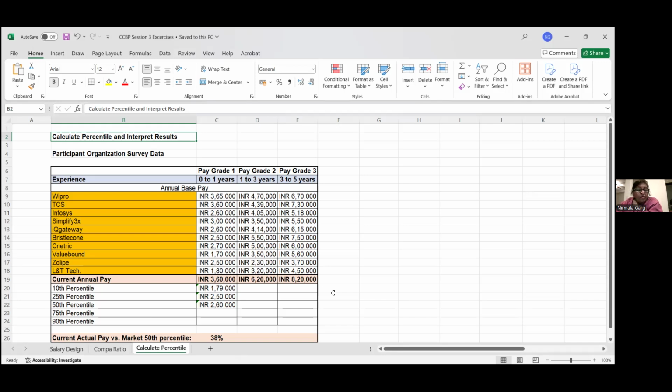And you will have to tell me whether the actual pay of this company is higher or lower than the market. What would you recommend? What are your recommendations?